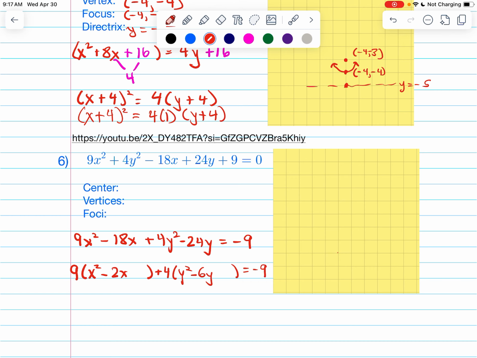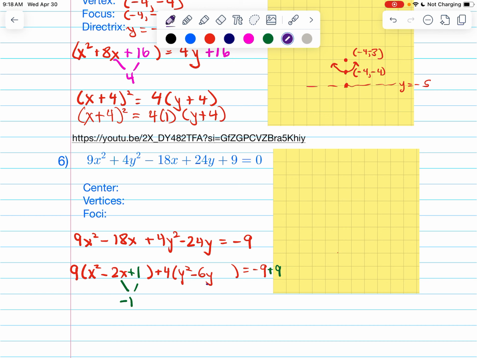And now I complete the square. So I'm going to take half of this and square it. So I added a 9. So I've got to add a 9 over here. And the reason we say I added a 9 is because I multiplied the 9 by what I put in the parentheses.